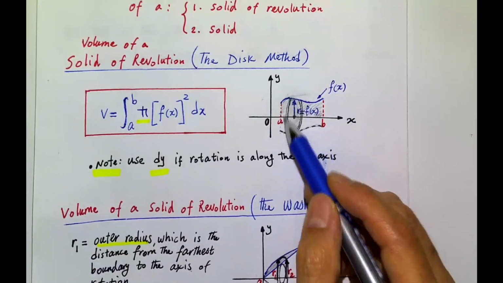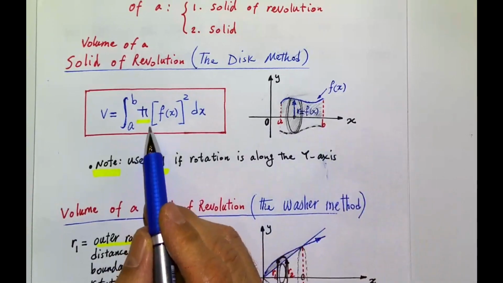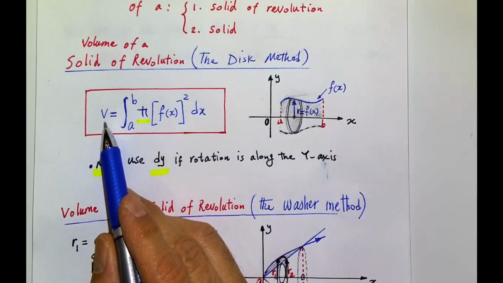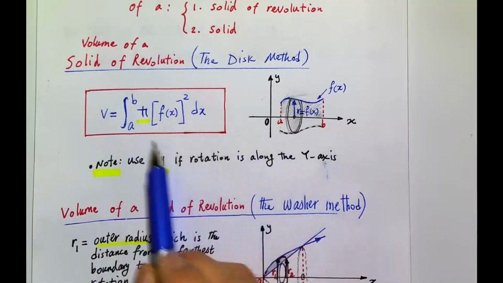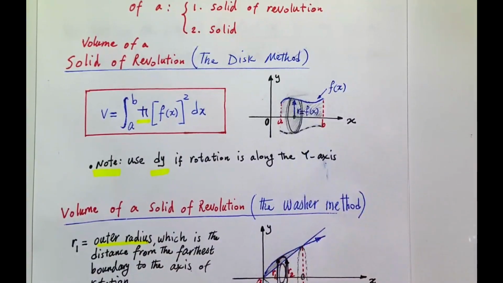So if that cross-sectional area is a disk, then this is the formula we can use to find the volume of the solid that is going to be generated by rotating that area around a certain axis.